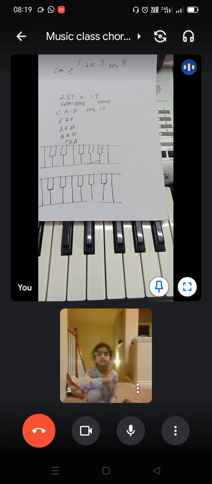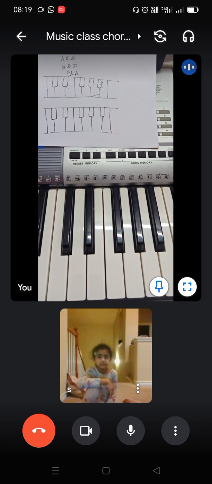F and A. So where will the F be? F will be on the left of how many black keys? Just like how C was to the left of two black keys.